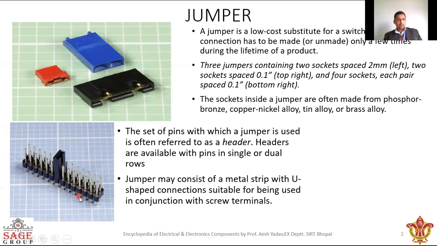If you go through this figure, you can see there are two rows of pins. That's why we call it a dual row header. A single row header is also available in the market, and these types of headers are normally used in our electronic circuits.